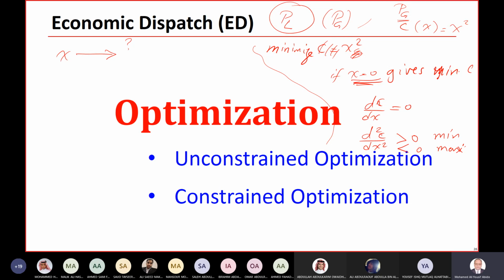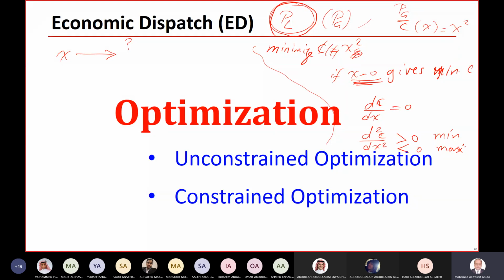So in economic dispatch, back to the question, what are the variables that we need to set or find out? Do we need to find the load power? No, definitely not. Why? Because the load power is independent.